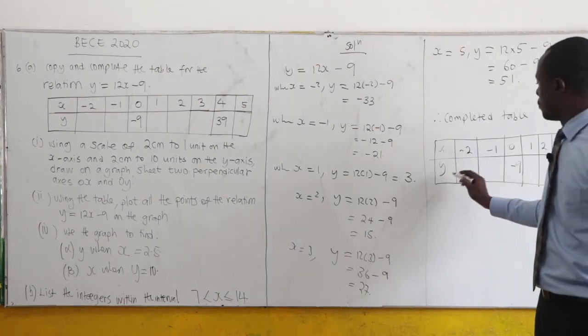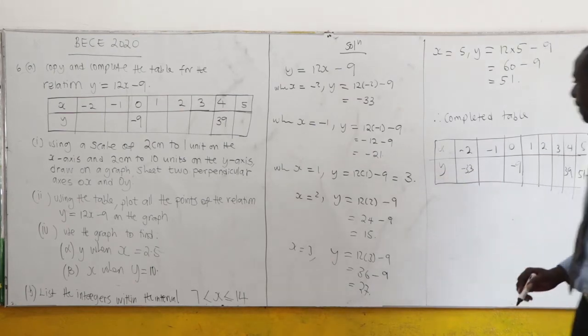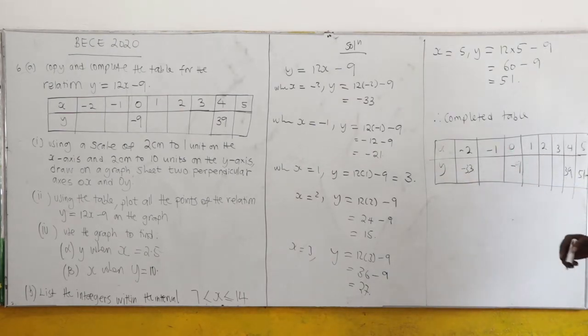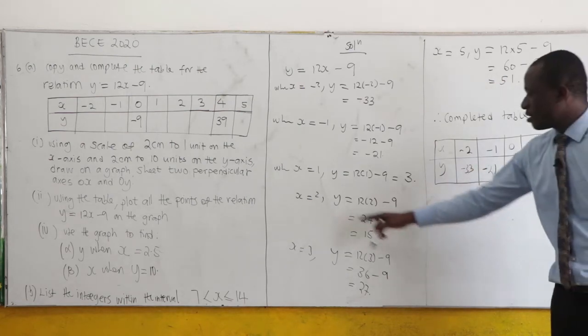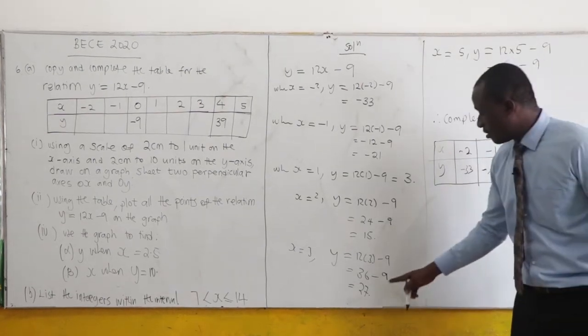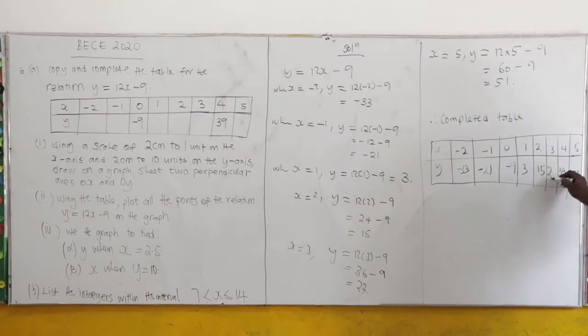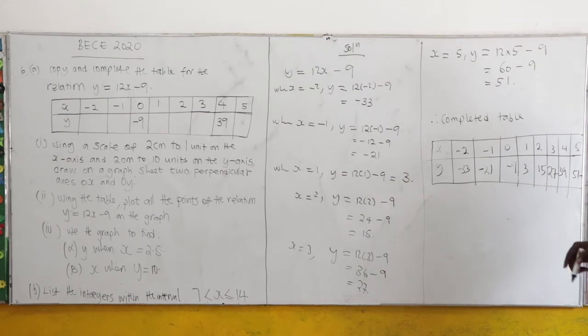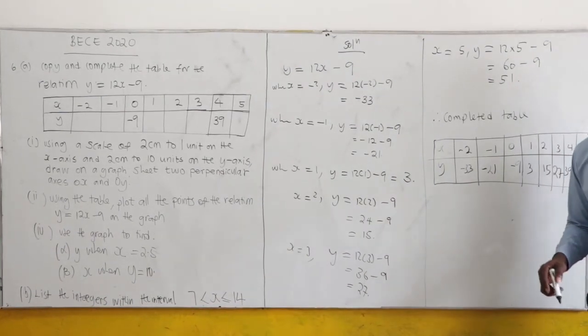What's negative 2? That's negative 33. Negative 1, we have negative 21. And then 1 gives us 3, 2 gives us 15, and 3 gives us 27. So this is what we are supposed to plot.